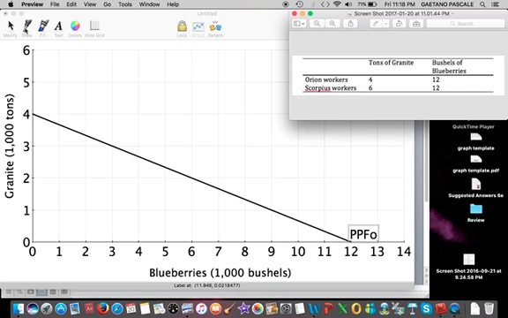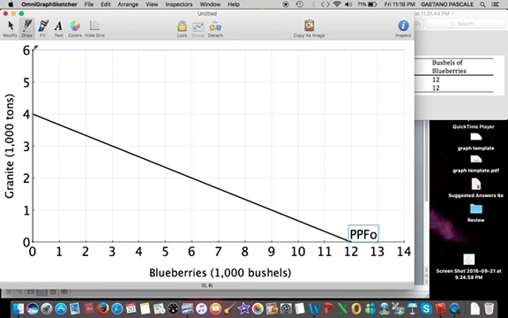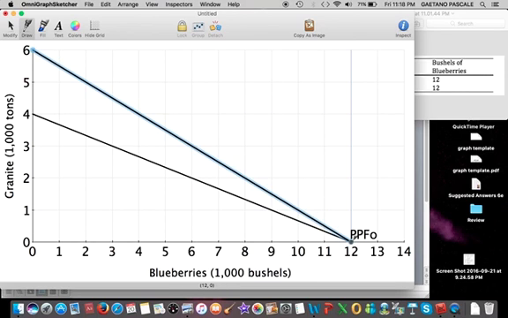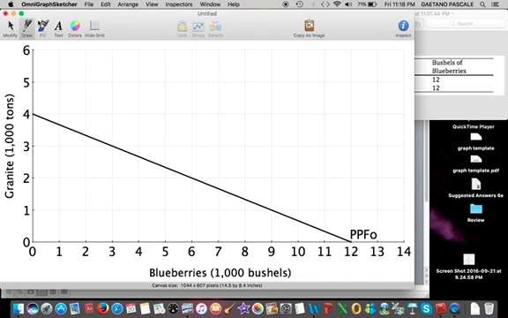And because each worker can produce 12 bushels of blueberries a month and there's 1,000 workers, if they all produce blueberries, they could produce 12,000 bushels of blueberries. So graphically, we would go to this point here to represent the 6,000 tons of granite that can be produced and the 12,000 bushels of blueberries that can be produced by Scorpius. So this is representing the opposite ends of the spectrum.